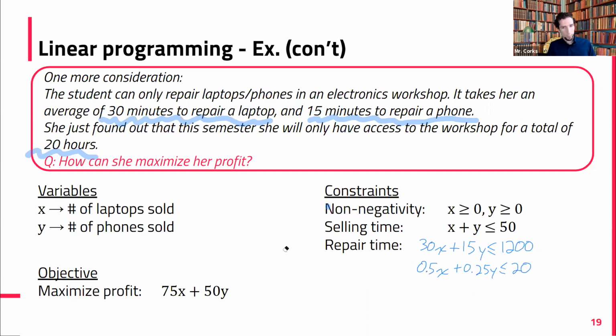Both of these would work. If we graph them, we would get the same line, but I'm just going to adjust it here just to make the numbers a little smaller and easier to think about. So now we have two inequalities, and let's put the second one on the graph and then see what situation we get.